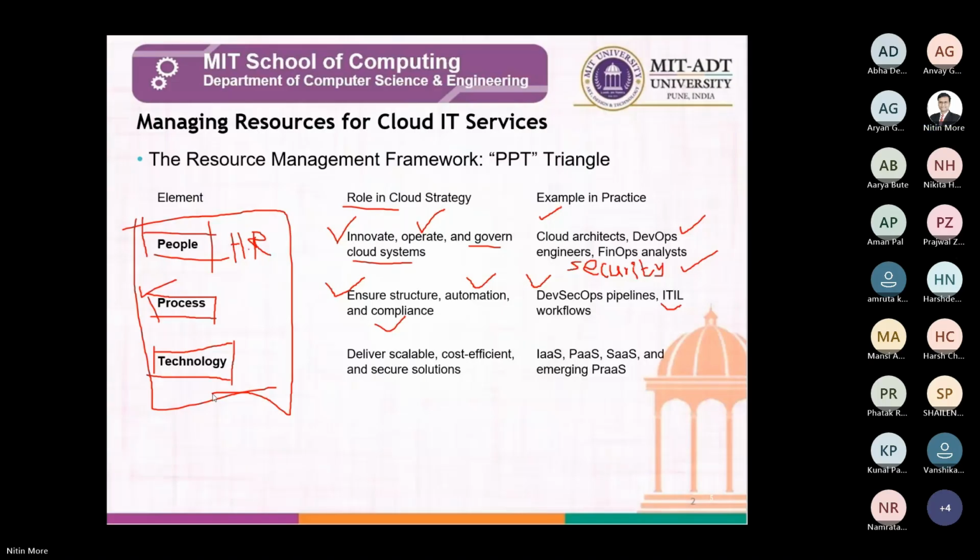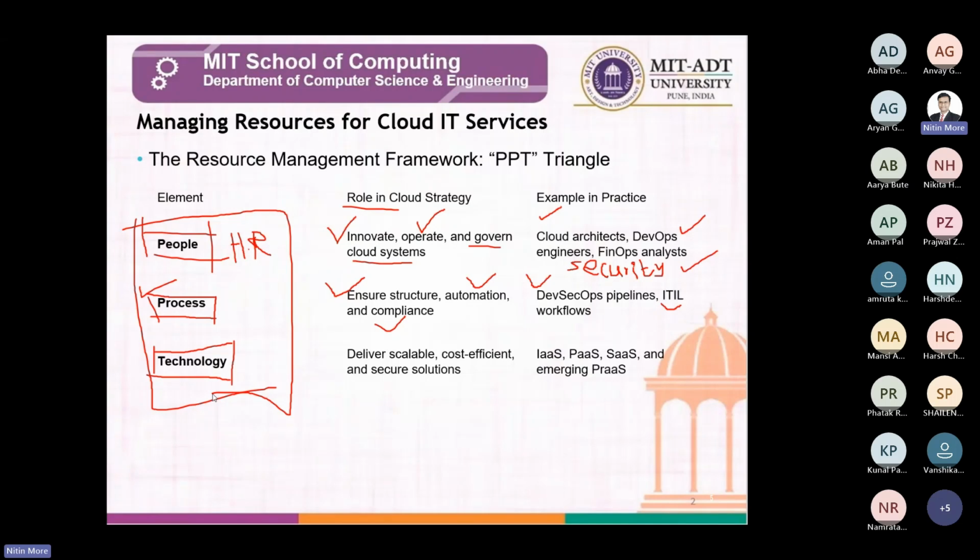So cloud architects we require, as in people, who design proper secure systems, proper architectures. We require proper process. Maybe in a banking system, if we take an example, proper compliance process of rules and regulations, proper auditing, proper monitoring of all the transactions.